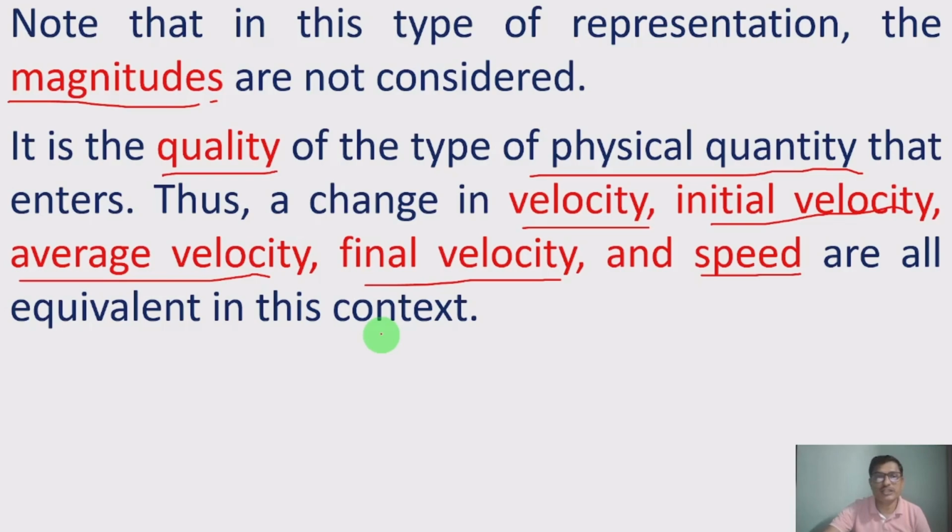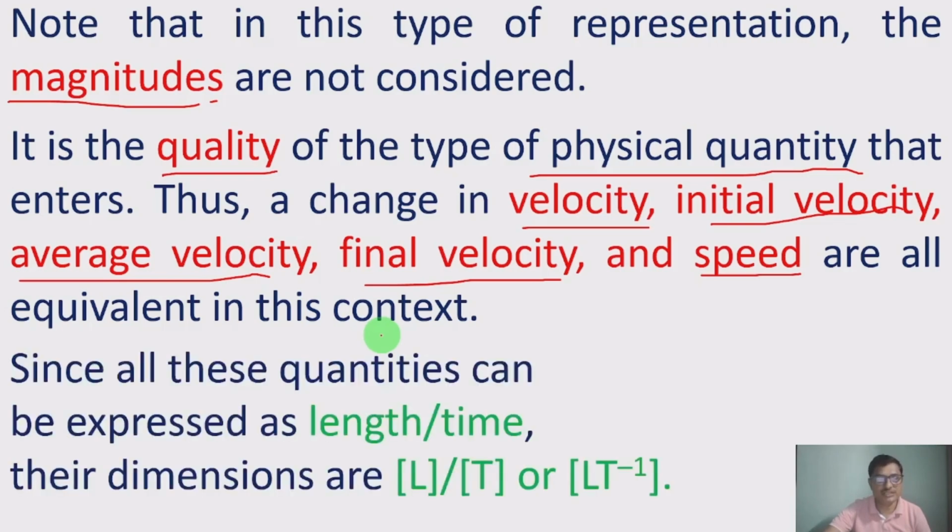Here we are not taking the magnitude of that velocity. Since all these quantities can be expressed as displacement per time or length per time, their dimensions are L within the square bracket divided by T within the square bracket, which can be written as L T raised to minus 1.